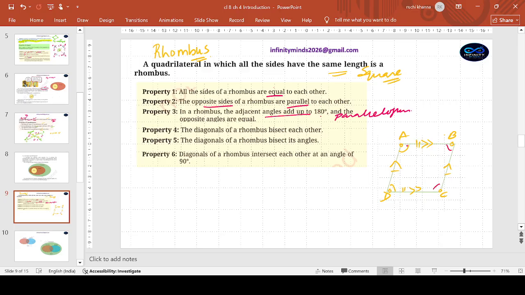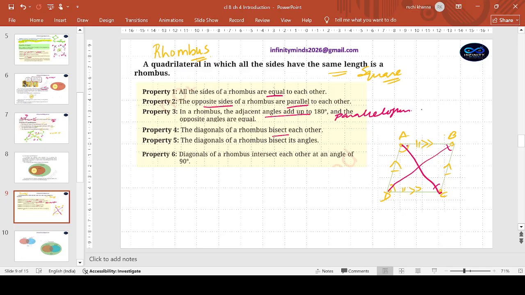Remember these keywords to understand. Diagonals bisect each other. Again, diagonals bisect each other. We are not saying they are equal. Only they bisect. Now, the diagonals bisect its angles.